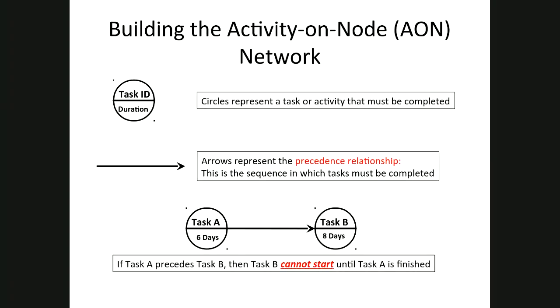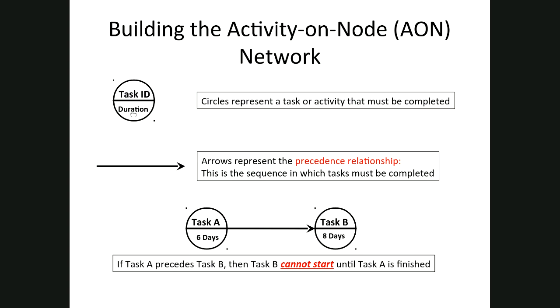All right. This is how we're going to diagram our example. All of our activities or tasks are going to be represented by a circle. And within that circle, the top part is going to contain the task ID. This can be a number or a letter or a name. And then the bottom half of the circle is going to be the duration.